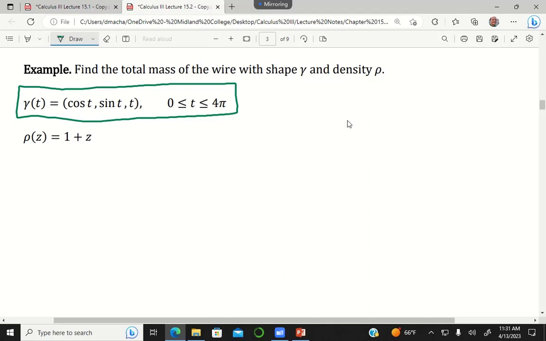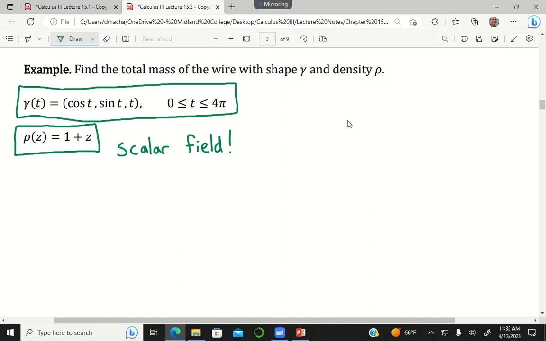Then this rho is only a function of z, but this is what I would call a scalar field. You could have a more complicated scalar field that depends on the values of x, y, and z. But this particular scalar field is a pretty boring scalar field. It just increases in value as your z coordinate increases.